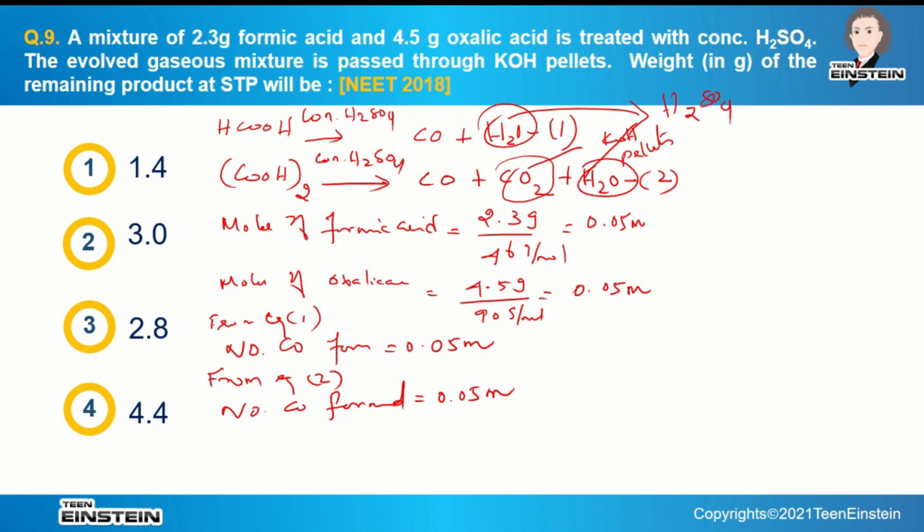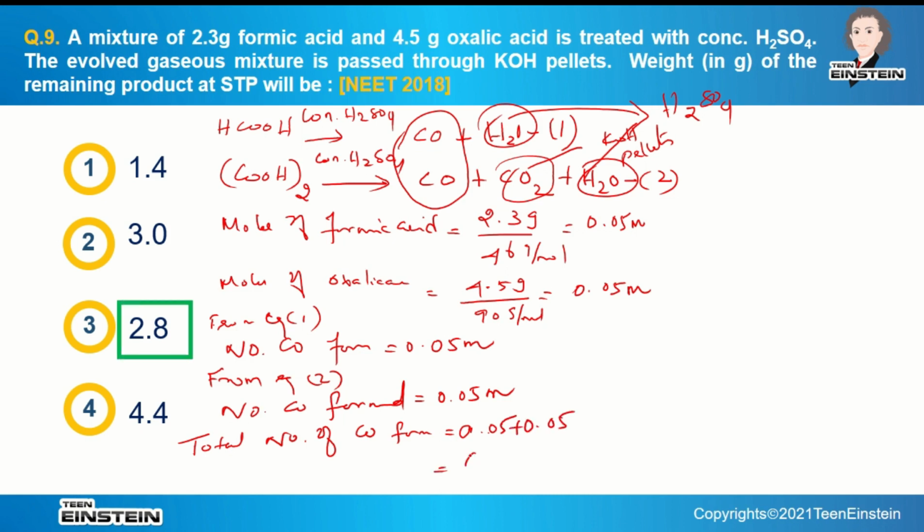So the remaining product is only the carbon monoxide. Hence the total number of carbon monoxide formed is 0.05 plus 0.05, which is equal to 0.1 mole.